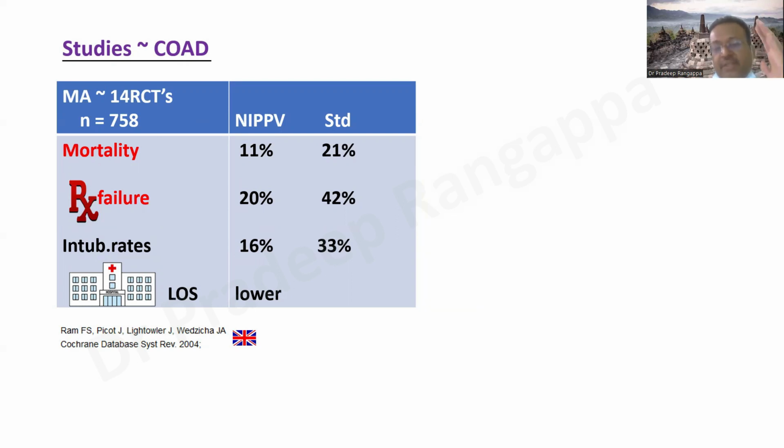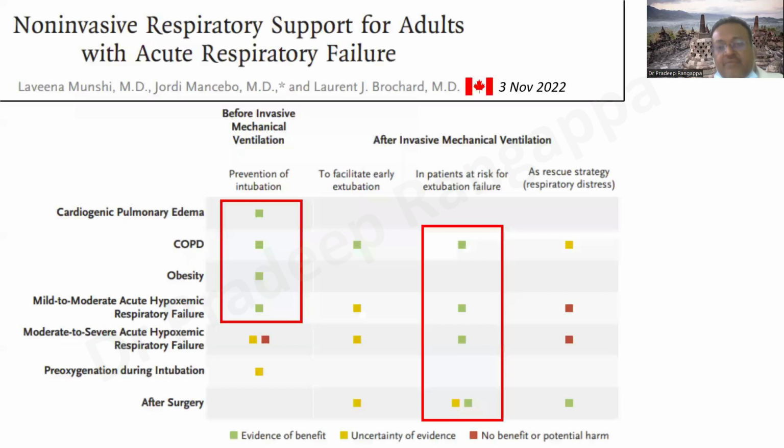It is included as a quality benchmark, and it is a quality indicator for every intensivist that a trial of NIV has to be given before you resort to intubating and mechanically ventilating. And this is the most recent review article that came, non-invasive support for adults with acute respiratory failure, in NEJM in 2022, where you see that before invasive mechanical ventilation for COPD, a trial of NIV has to be given.